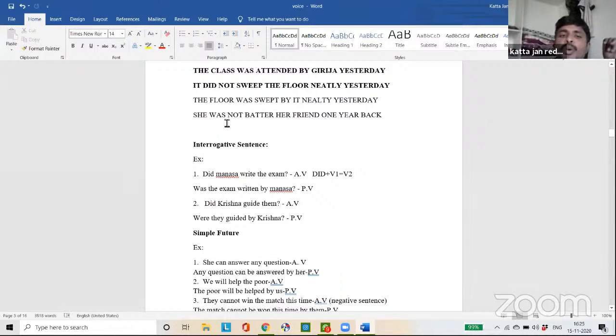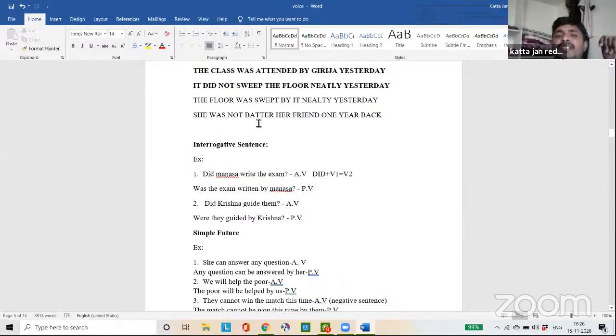When "was" is used, it should be either V4 or V3. If V4 is used, that is past continuous, so we can have the sentence like, she was not battering.